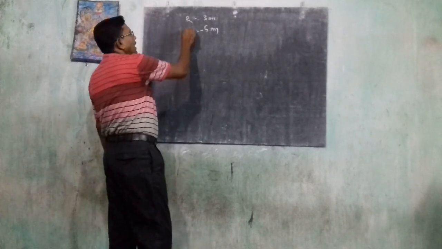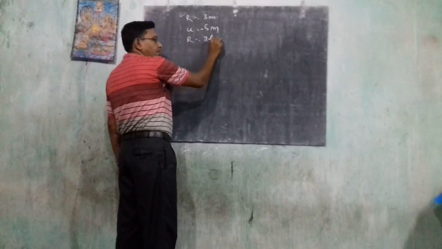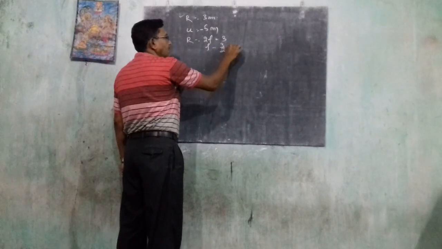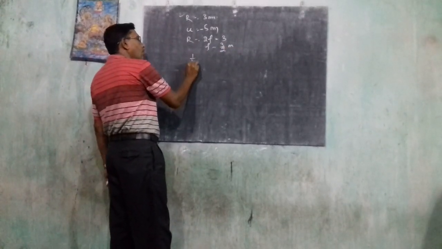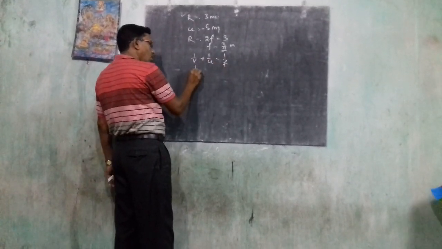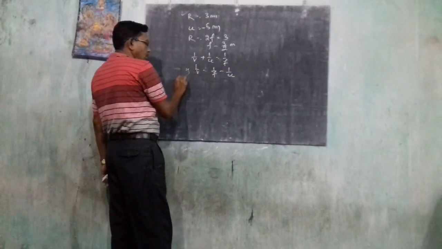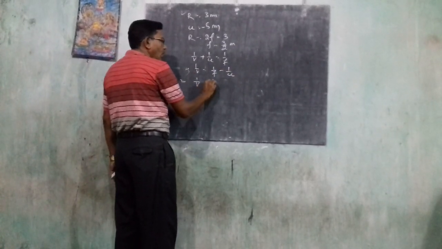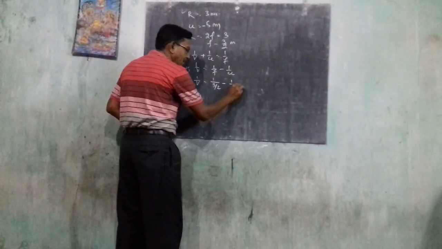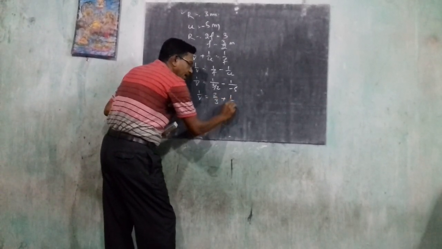We know R equal to 2f equal to 3 meter, so f equal to 3 by 2 meter. According to the mirror formula, 1 by v plus 1 by u equal to 1 by f, so 1 by v equal to 1 by f minus 1 by u. 1 by v equal to 1 by 3 by 2 minus 1 by minus 5, so 1 by v equal to 2 by 3 plus 1 by 5.